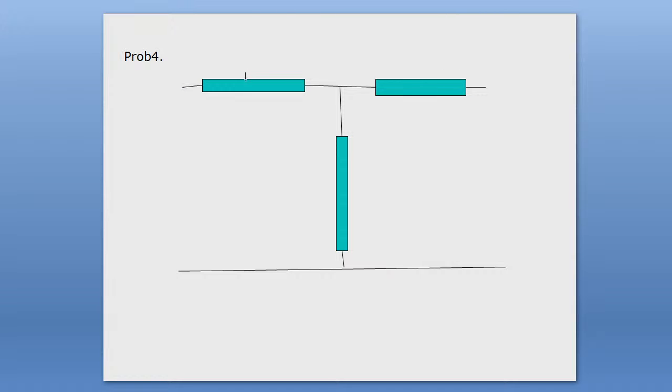Now the value of this element is 5 plus j4 ohms, and the value of this reactive element is 5 minus j4 ohms.